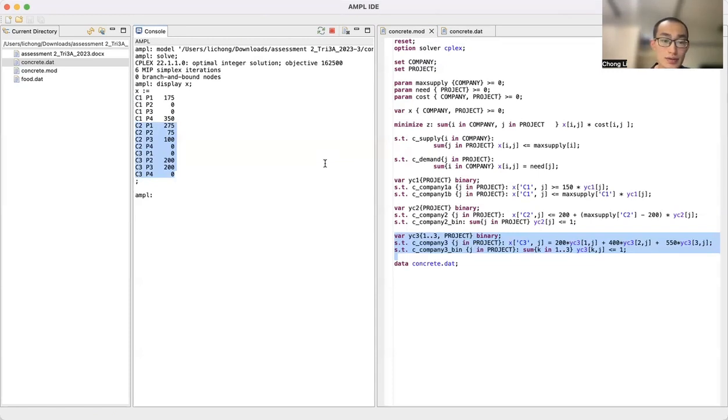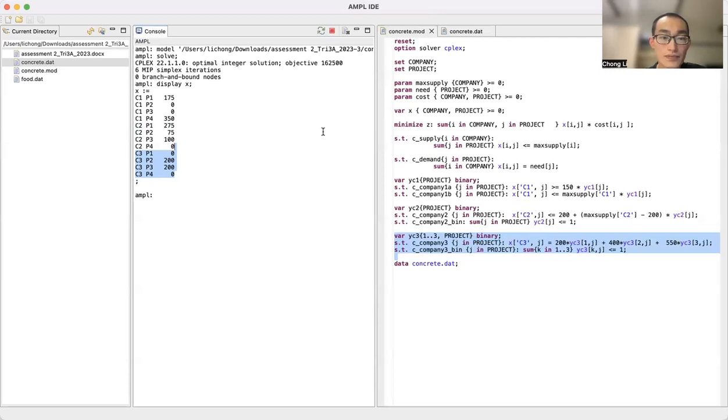For company 3, this one is the other indicator of whether company 3 is providing package 1, 2, or 3 to this project. We only need to look at the values that are positive.